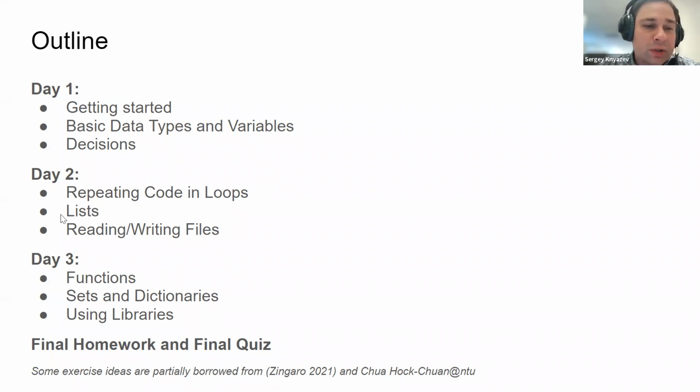Then we are going to get familiarized with other, non-basic data types, and the first one is the list, which is a part of the collection data types. And then we're going to discuss reading and writing files. So this is our plan for today, and let's get started.